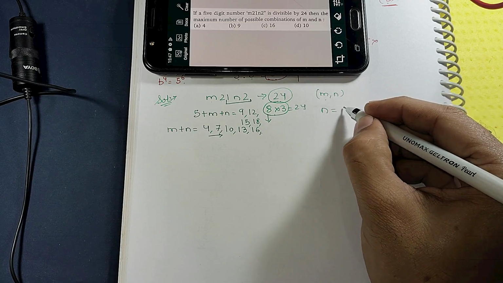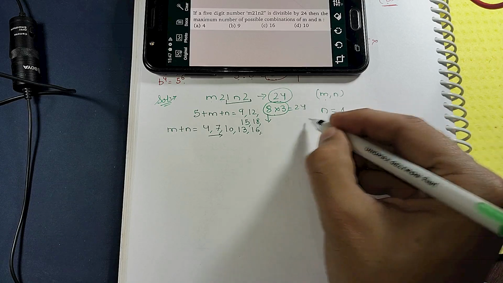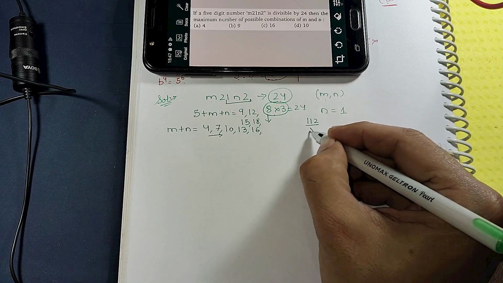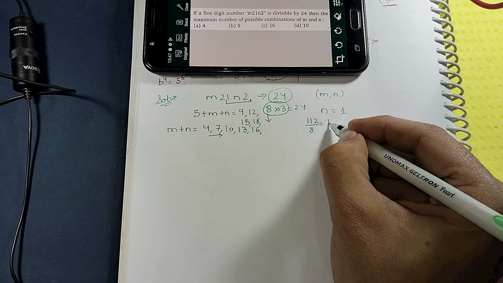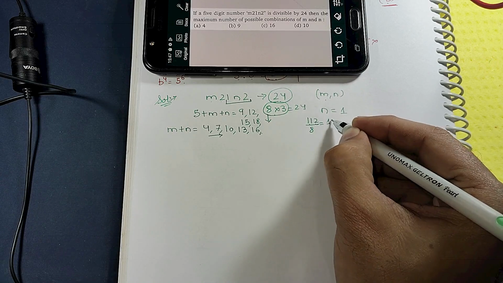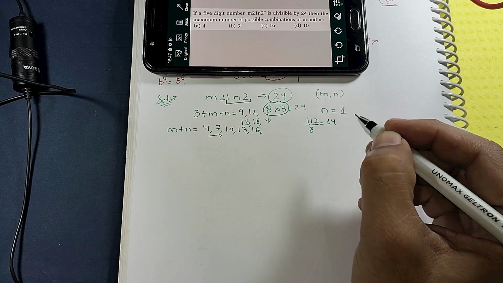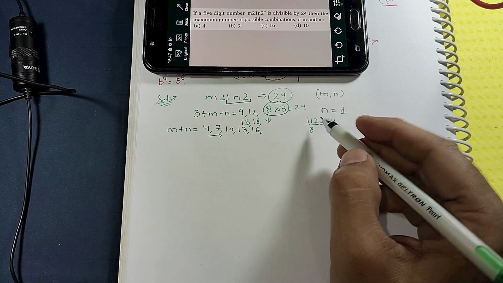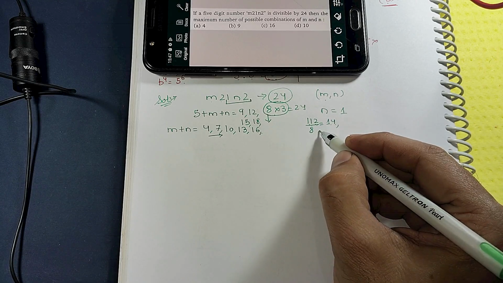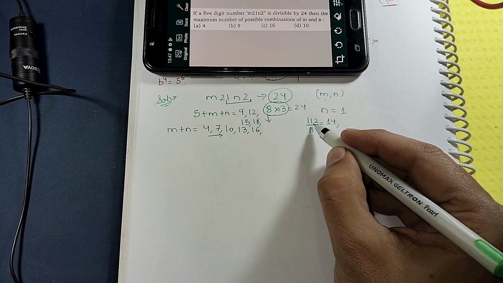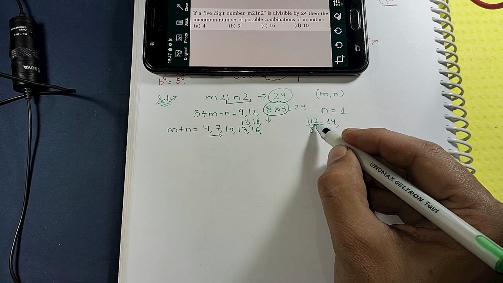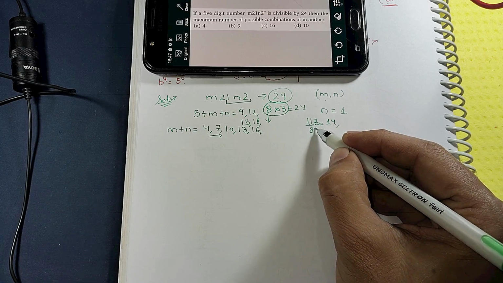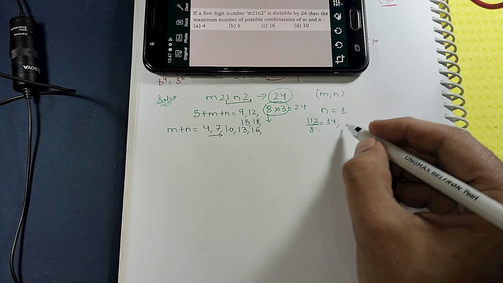So first is, if I put the value of N equal to 1, so number will become 112. So divided by 8, so this is 8 ones are 8, and then 3 carry 32, so 14. So 14 into 8. Now the very next number will be, if I put 2, it won't be divisible, so 122 is not divisible, 132 not divisible, then 142 no, and then 152 yes, it is divisible.